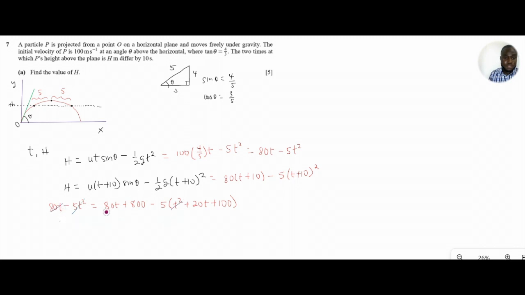The 80t on the left and this 80t on the right will go away. End up with, if t is equal to 3, substituting back t equals 3 into this first equation will give us h to be.